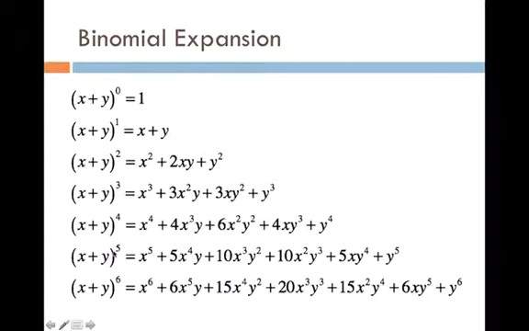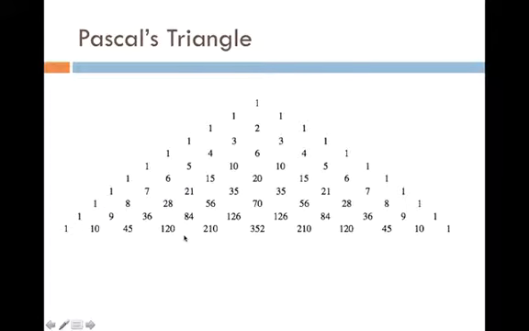The second term doesn't appear at first because it's to the 0 power, and then the first power, and the powers count up. The numbers seem a little bit random, but there's some symmetry here, and as it turns out, we can find these numbers using Pascal's triangle.